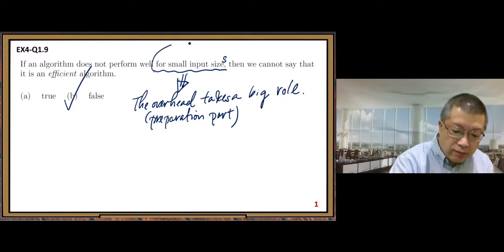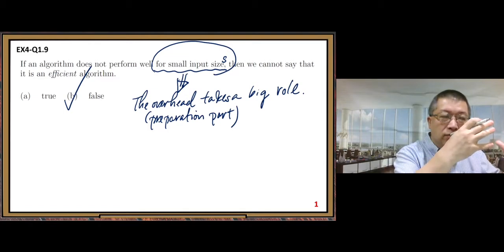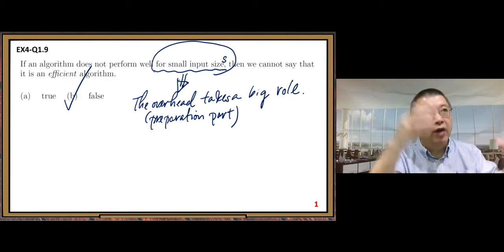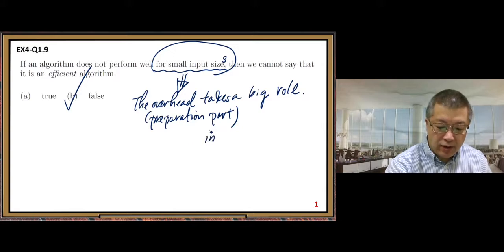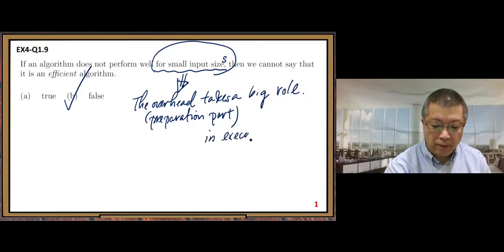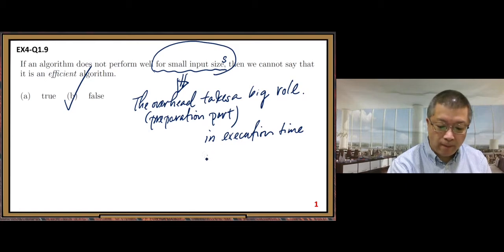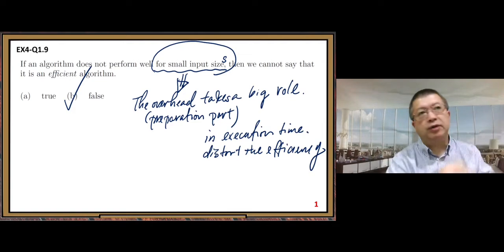When the problem size is relatively small, the overhead part takes a significant portion of the whole execution time. That gets efficiency distorted.